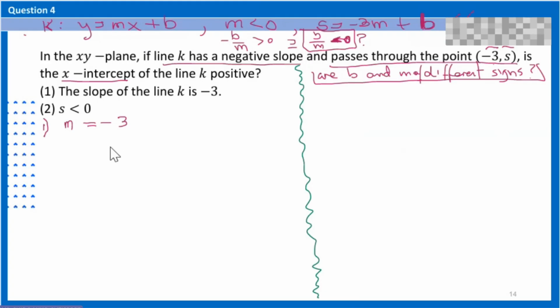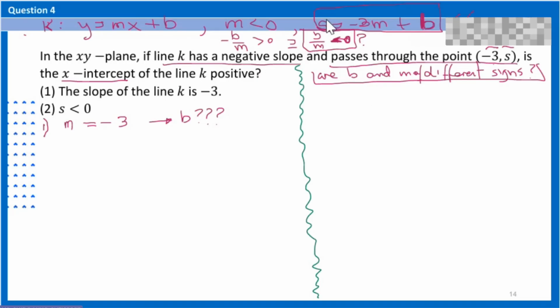People, with this information, is there any possibility that I could know the value of b? Any? How could I connect m with b? Here there is an interesting relationship: s equals negative 3m plus b. So it's an expression that connects m and b.